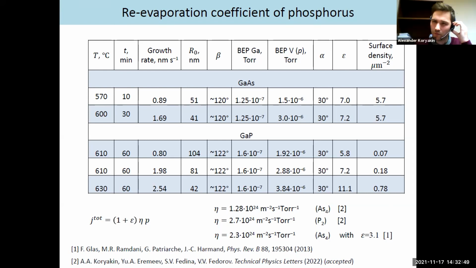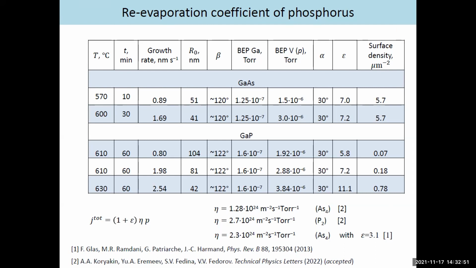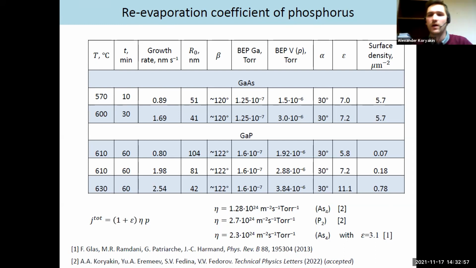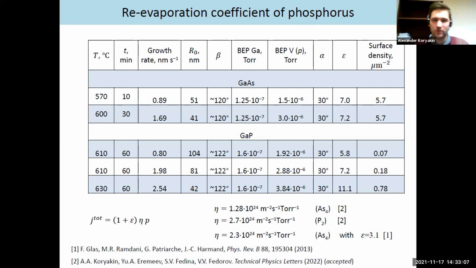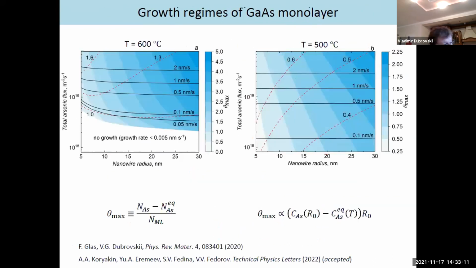It's about 3 times larger than the value that I estimated in the past with a different model, admittedly, but from experiments. Maybe it's a silly question, but is there any simple explanation why? It's a huge difference, 3 times.